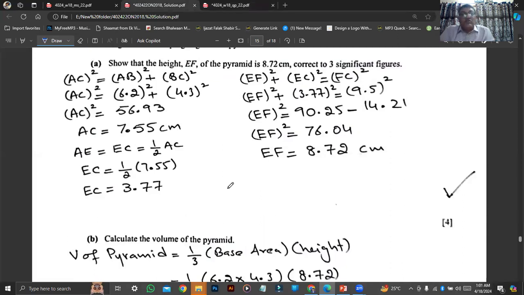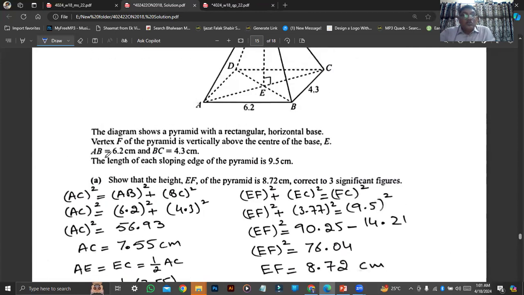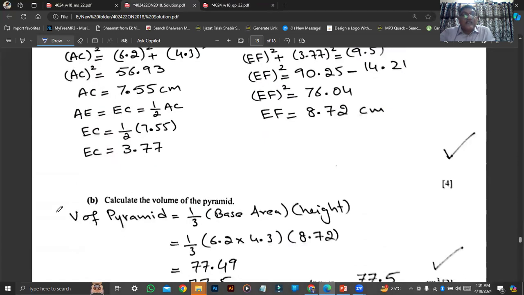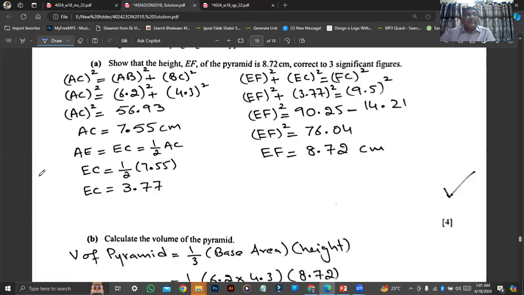So AC square will be equal to 6.2 square plus 4.3 square, and AC square will be equal to 56.93. Then take square root on both the sides, so AC will be 7.55 centimeter. Once you know the AC, then the EC will be half of the AC. So the EC will be 1/2 of the 7.55, and that EC will be 3.77.